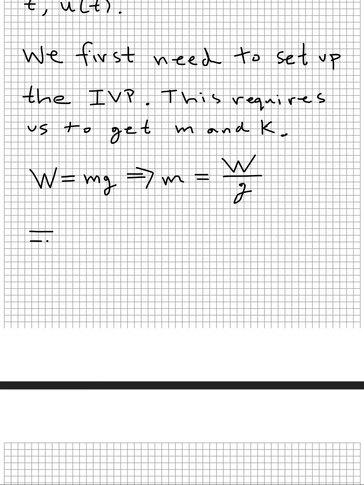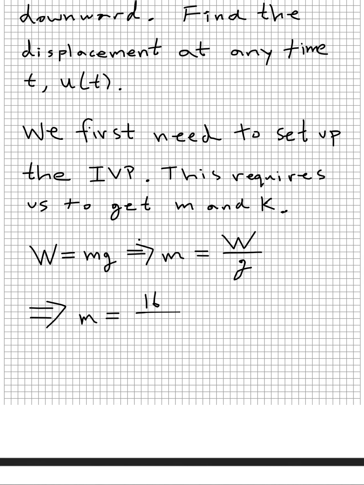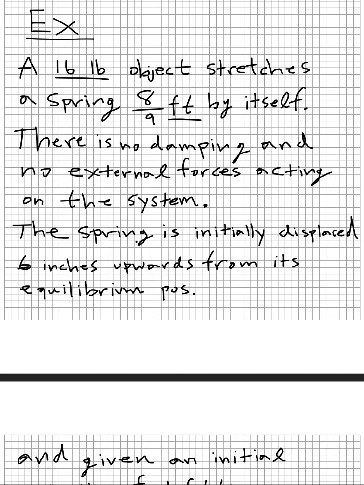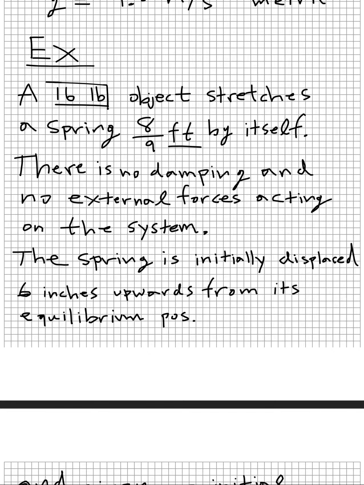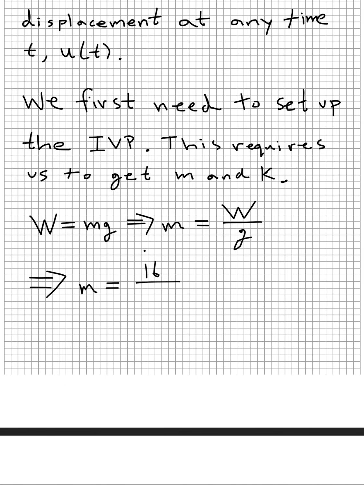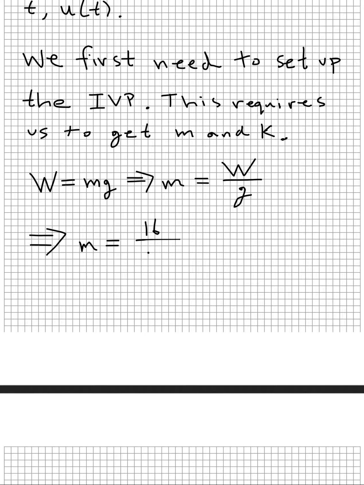And so this further implies, since we're using the imperial system, that m is actually going to equal 16, right? And where does 16 come from? You probably noticed it came from our initial situation, right? A 16-pound object stretches a spring. So it's a 16-pound object, and this is being divided by 32 feet per second squared.